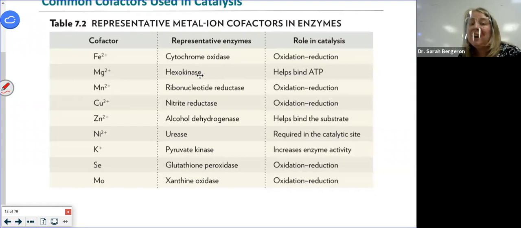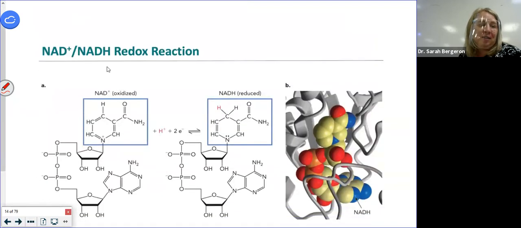Hexokinase. Kinase is going to facilitate phosphorylation, right? So this cofactor here is actually going to help ATP to bind in order to facilitate that phosphorylation event, because you actually have to recruit ATP in order to do it. So just being able to look at them and knowing generally what they're going to be doing just by looking at the names. Lots of oxidases, dehydrogenases, all those kinds of things.